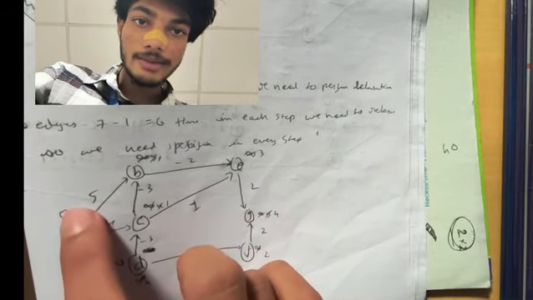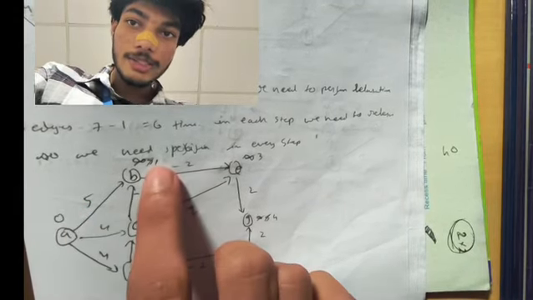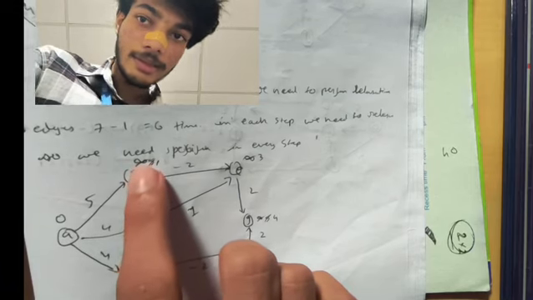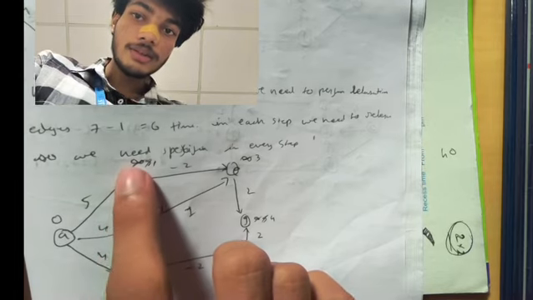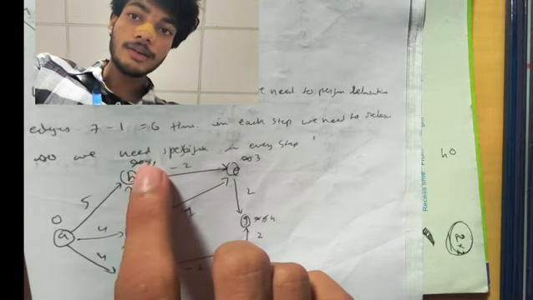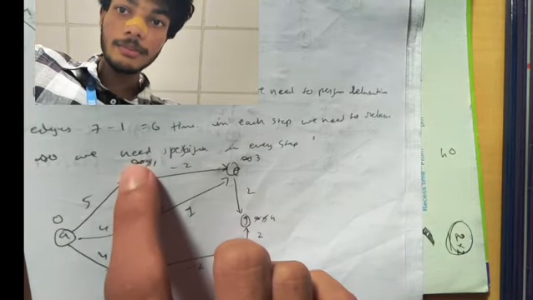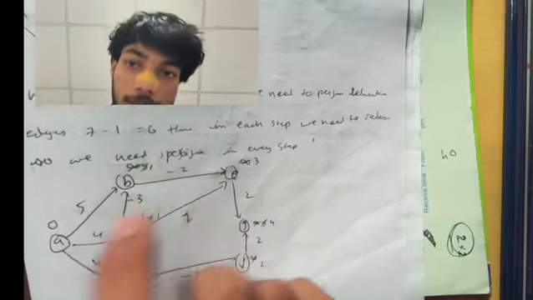So we add these two and check whether it is lesser than infinity. If it is lesser than infinity, or the given vertex value, then we replace it with that number.